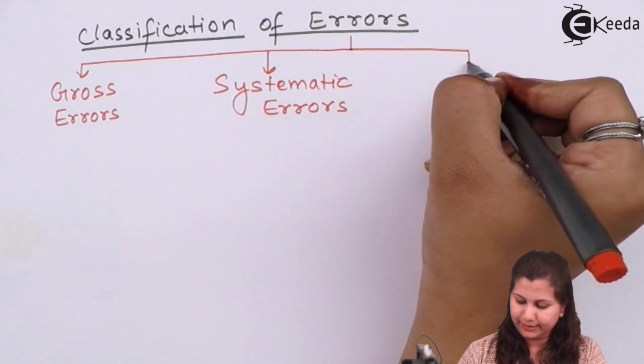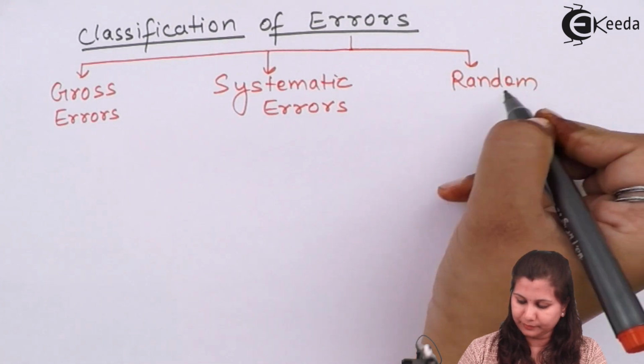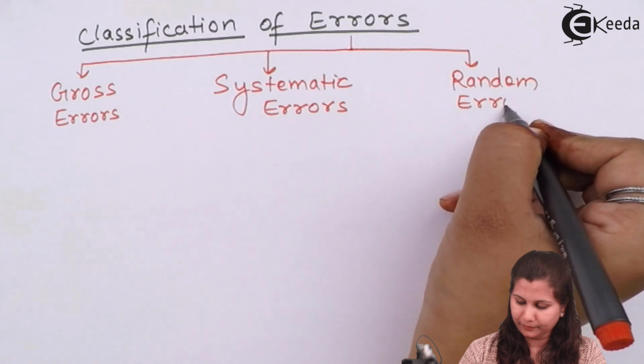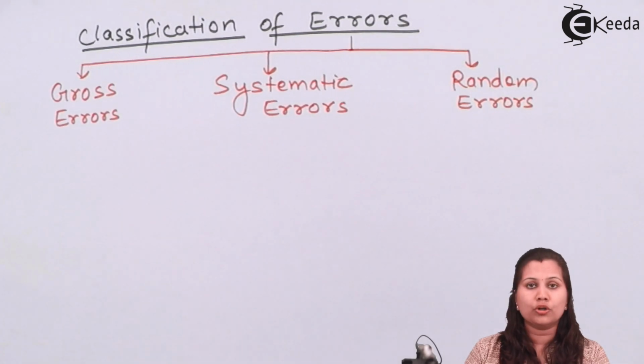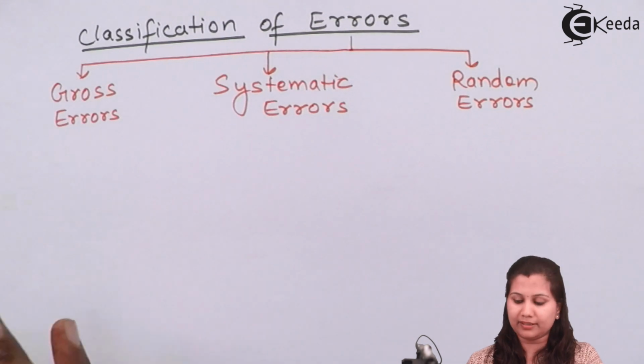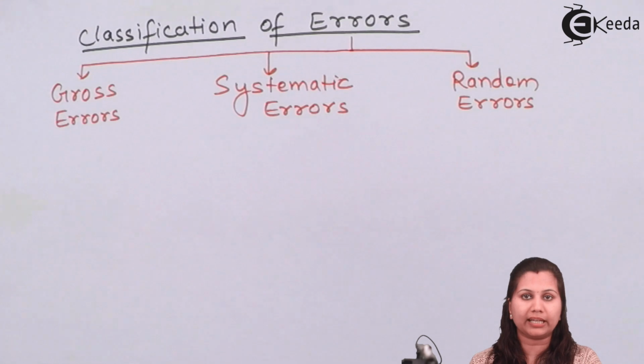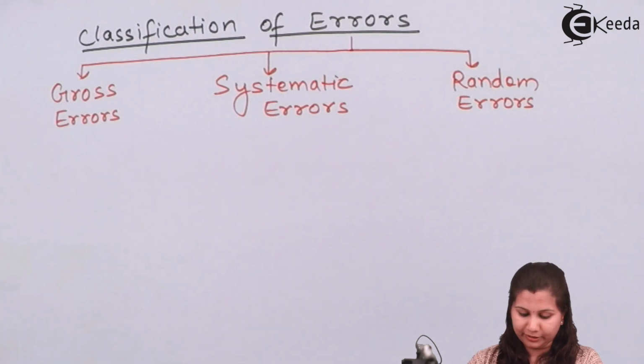And third is random errors. So these are the three broadly classified ways of the errors. These are the three categories in which the errors can be classified.